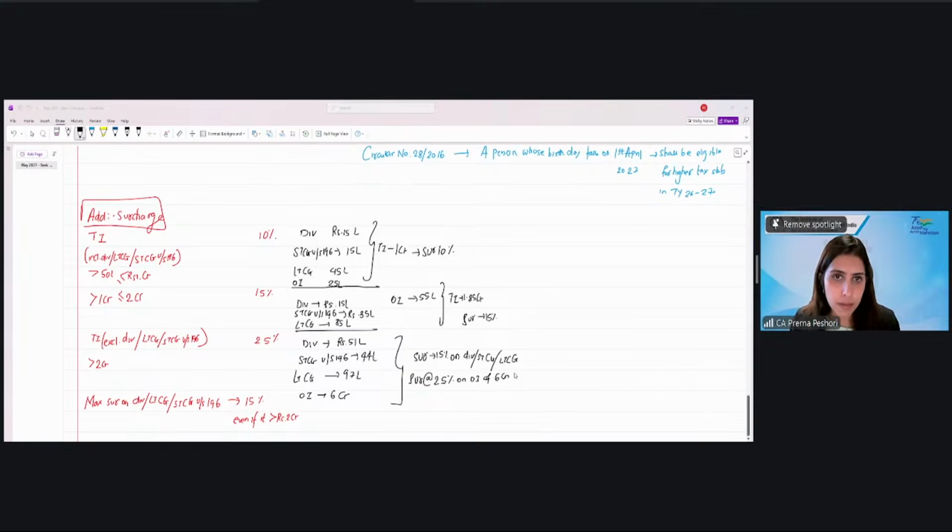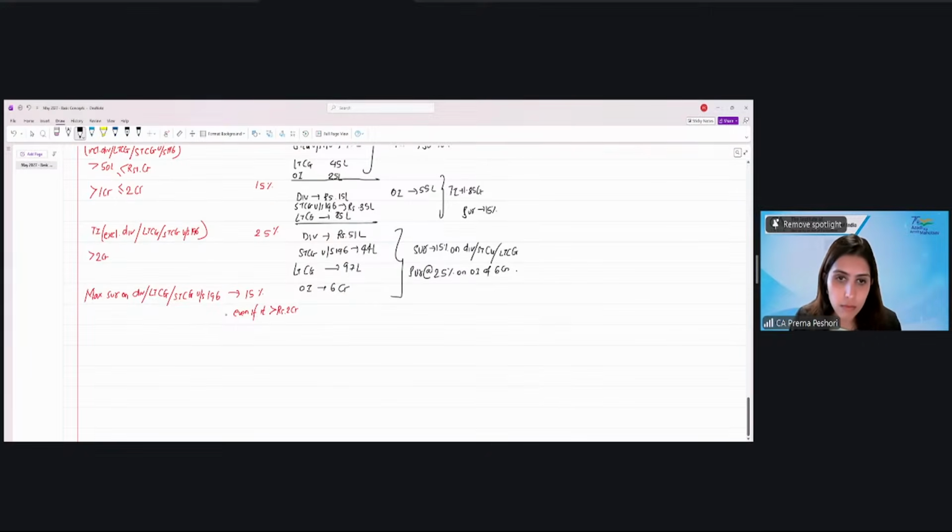Let us take another example. Let us say I have dividend of 40 lakh, STCG under 196 of 35 lakh, LTCG of 92 lakhs, and other income of 1.1 crore.